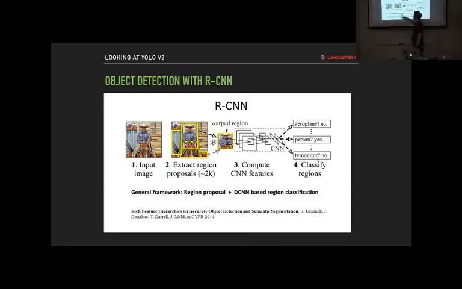I believe the mathematical term for it is selective search. You get around 2,000 of these, and then you run a CNN on each of these proposals. Then you get your classification, and it gives you your classifications here.